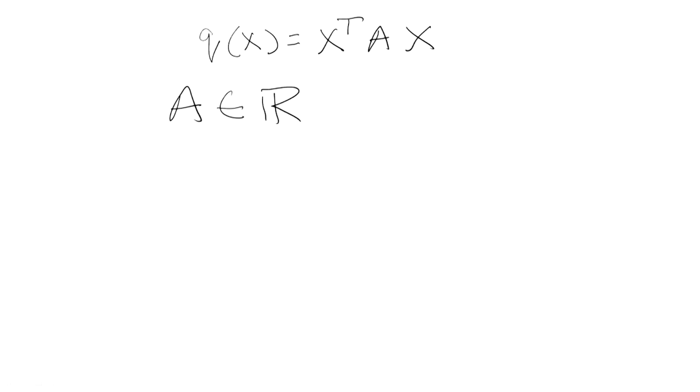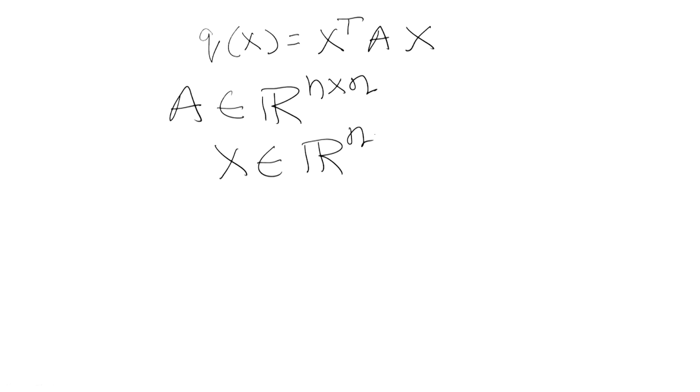As you know, in the last lecture I defined a positive definite quadratic form as Q of x equals x transpose A x, where A is a symmetric matrix of order n and x is a vector from the n dimensional vector space.